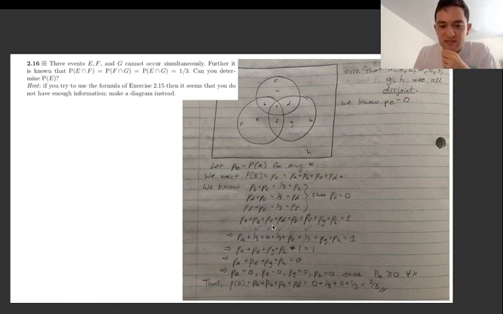Here we have B, C, and D, F. We just need the probability of A, really, so we can substitute those values in. We have probability of A plus 1/3 plus 0 plus 1/3 plus probability of E plus 1/3 plus probability of G plus probability of H is equal to 1. Now if we add these three 1/3s together, we get 1, and if we subtract 1 from both sides, we get this formula.